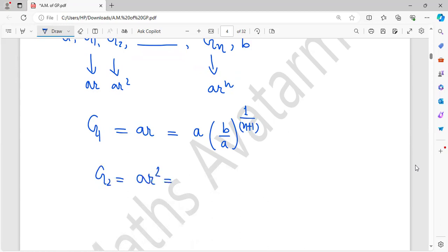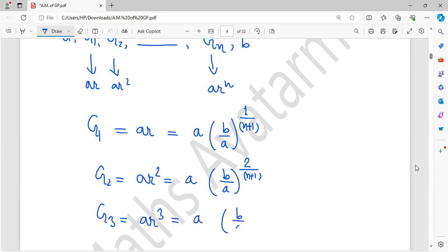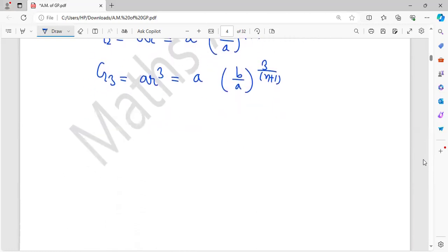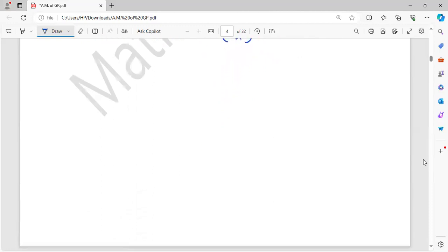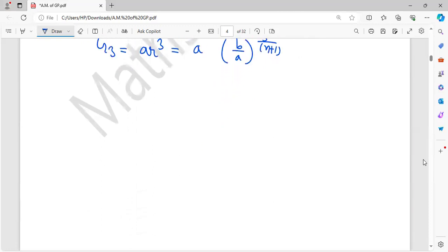AR square, which is A times (B upon A) to the power 2 upon N plus 1. What is G3? AR cube, A times (B upon A) to the power 3 upon N plus 1. And so on.